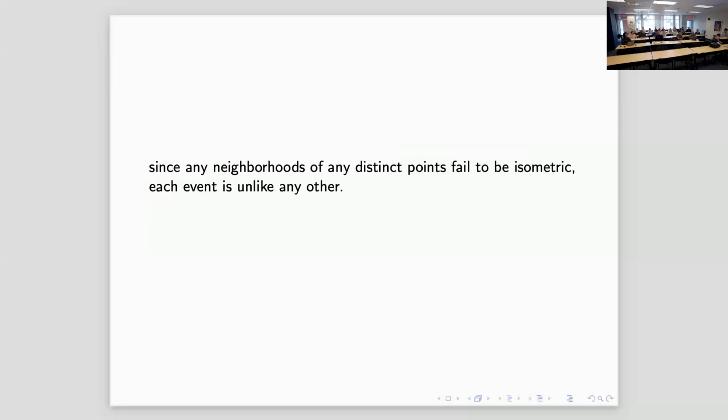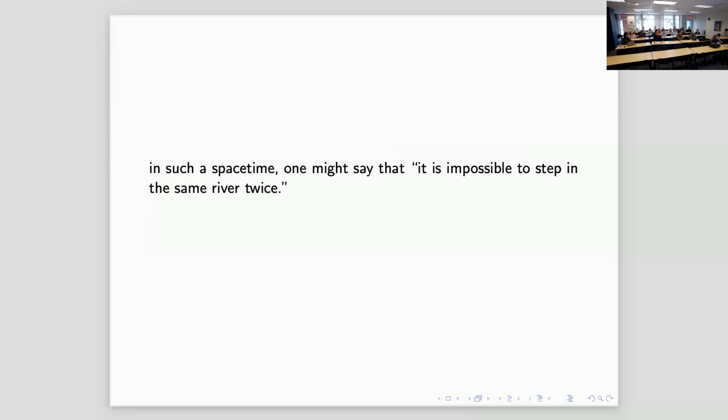So since any neighborhoods of distinct points fail to be isometric, there's a sense in which each event is completely unlike any other. Each event has its own geometry associated with it, which is different from the geometry at any other point. And so in such a spacetime, you might say that it's impossible to step into the same river twice.